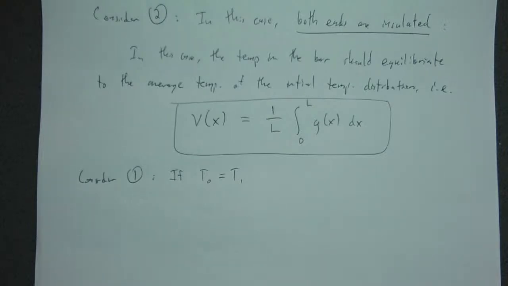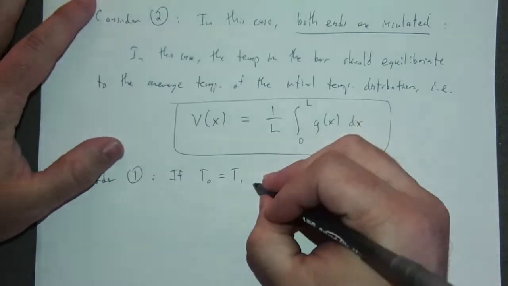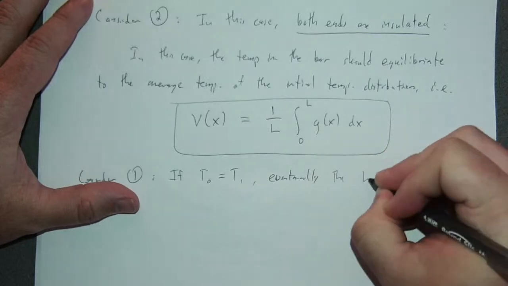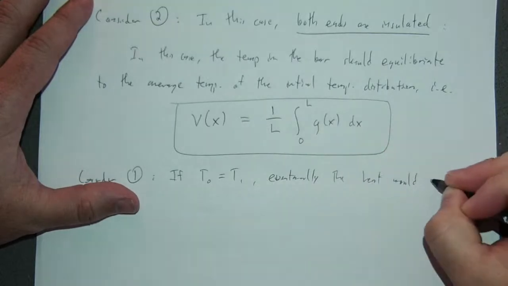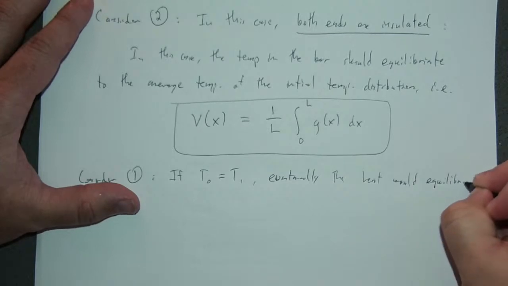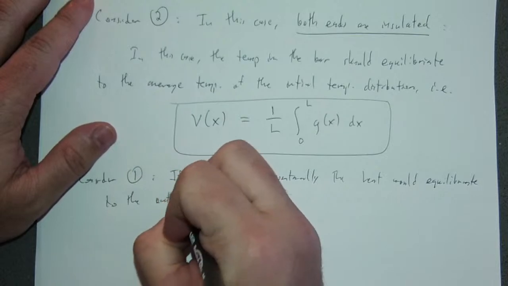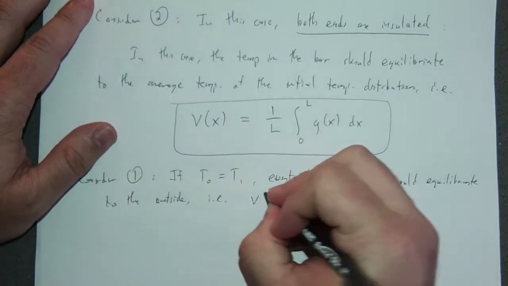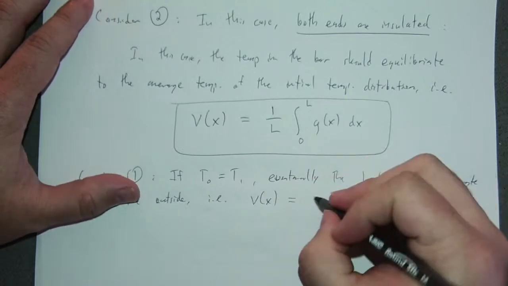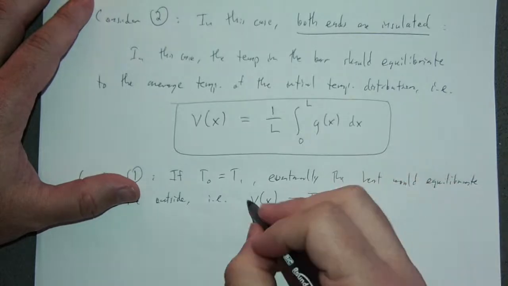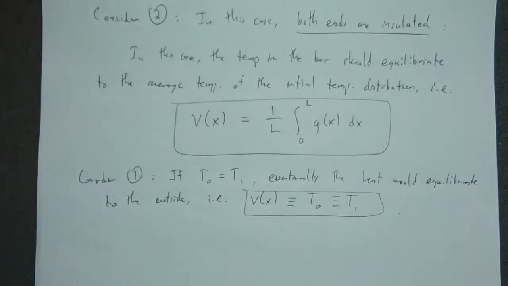Just like in the first case, we'd expect that eventually the heat would equilibrate to the outside, i.e. this steady state solution would just be identically the constant T0, which is the same as the constant T1.